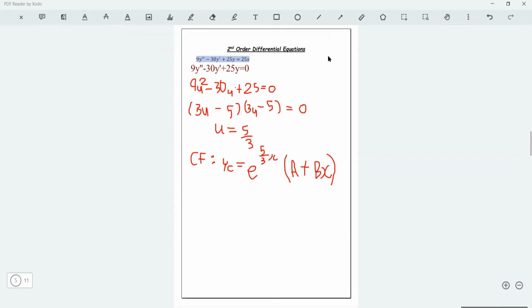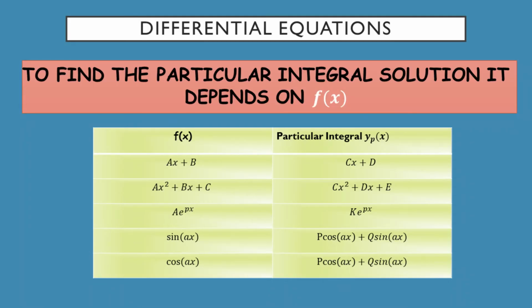First we need to write down our particular integral. Since the right side is 25x, our particular integral is going to be linear. We call it yp, and it's going to be cx plus d.